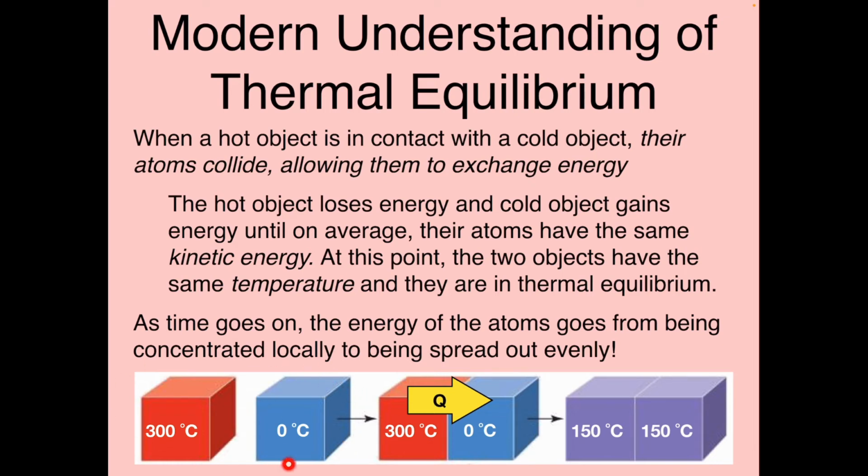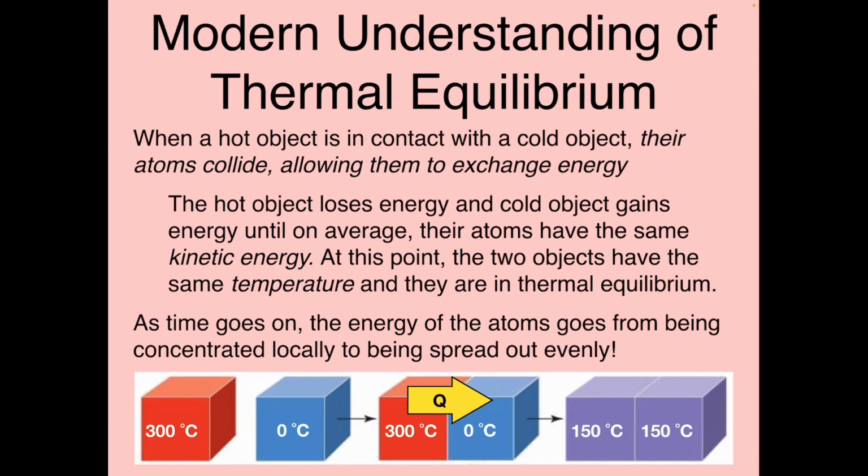Okay, that's the difference between them on the microscopic level, how fast their molecules are moving. But if we put them in contact with each other, if we allow the surface of one block to touch the surface of the other, now they can exchange energy. Energy can be moved from one block to the other.